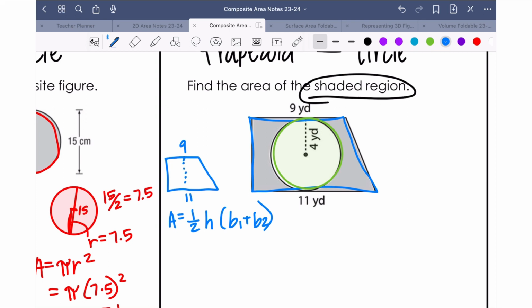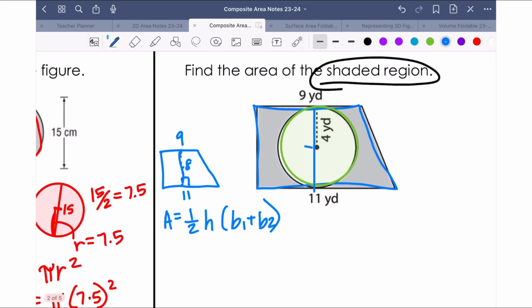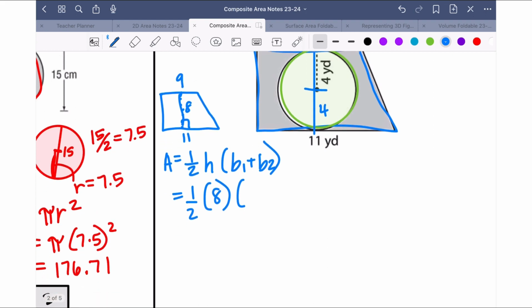What is the height of the trapezoid? The height is from here to here. So 2 4s is 8. Double 4s, right? This is half and this is another 4. So it's 8. All right, let's get started. So the height is 8. My two bases are 9 and 11 together.